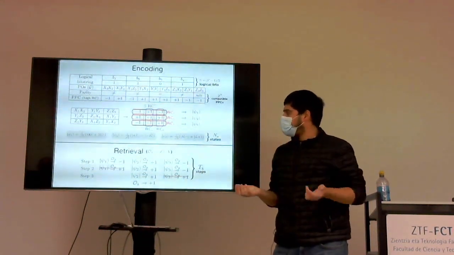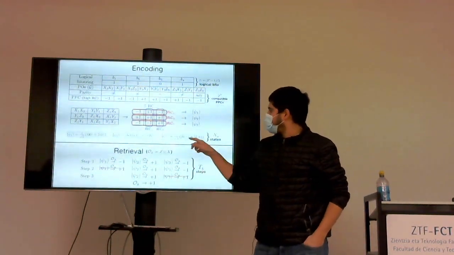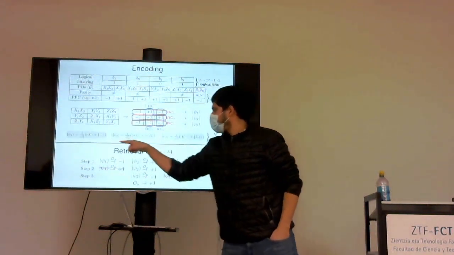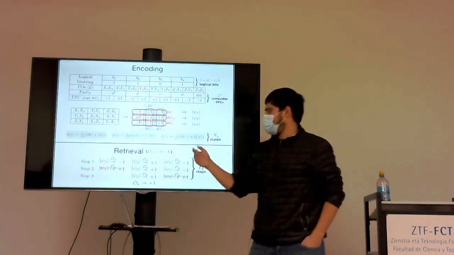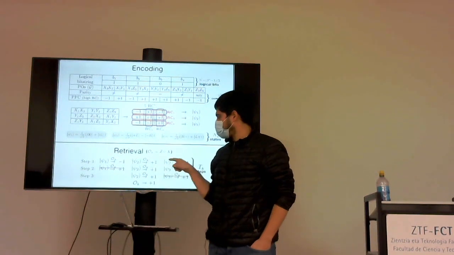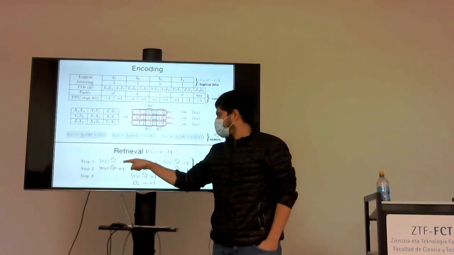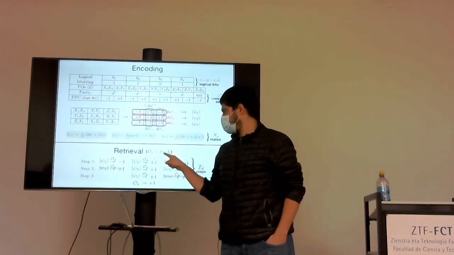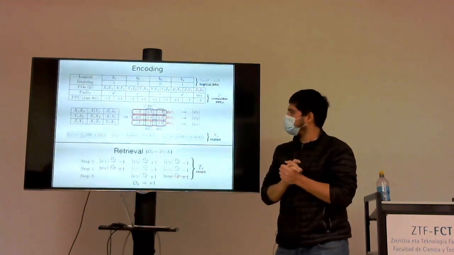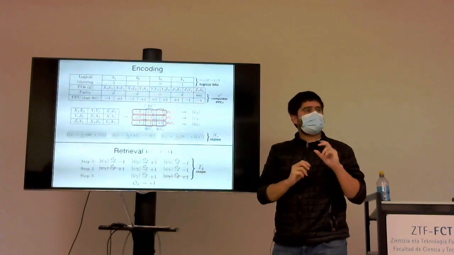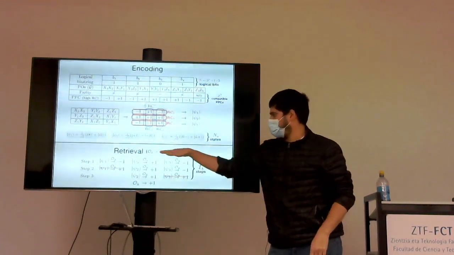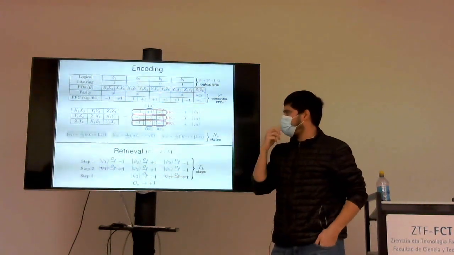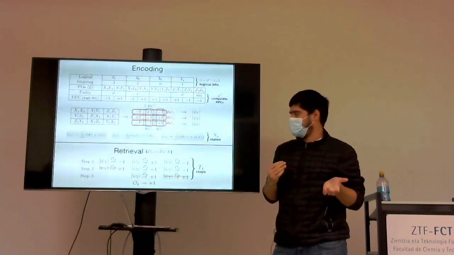Okay, and lastly, the retrieval is essentially taking our set of states in which we did the encoding and measuring them on a certain basis. So for example, you measure each one of the states on a given basis, for example, which is this value, and those that switch their outcome at some point on repeated measurements are those that do not belong to the context. What do I mean by this?